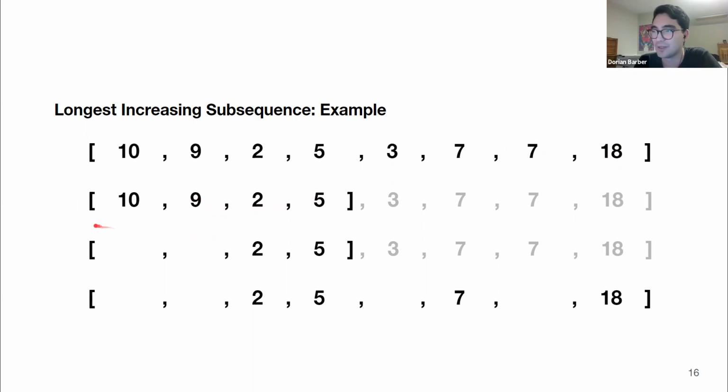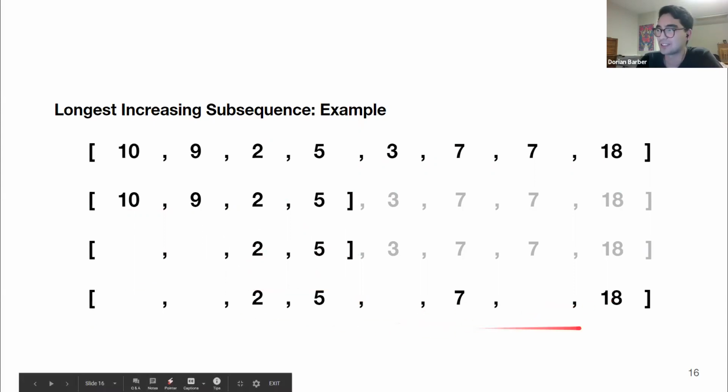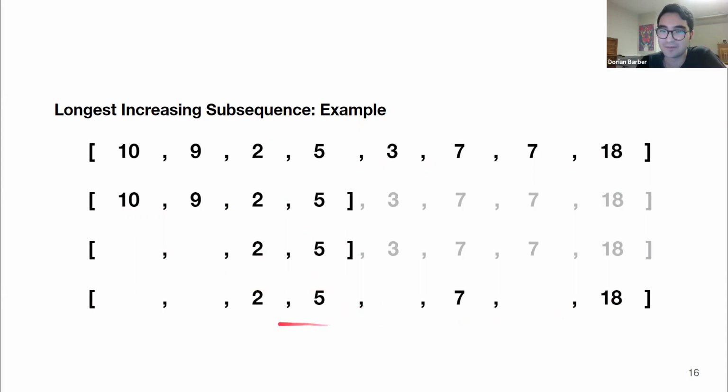And if we just solve the problem on this half, we'll notice that the longest increasing subsequence is 2, 5, right? And if we recall the solution to the whole problem, we'll see that 2, 5, 7, 18 is the longest increasing subsequence for the original array, and 2, 5 is a part of that, right?